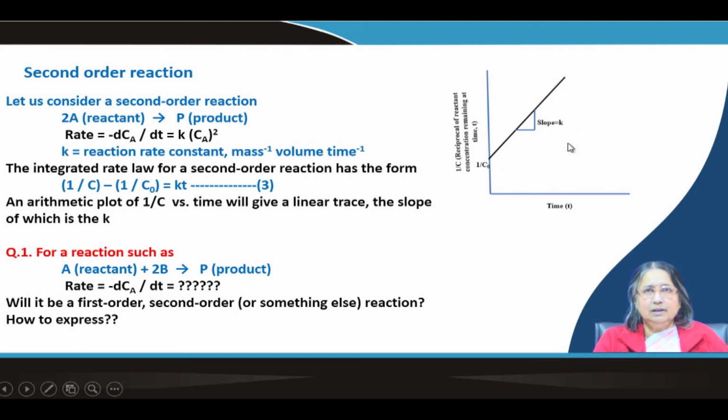In the first order case, you have seen we have to plot ln C or log C versus time to get a linear curve. In case of zero order, C versus T gives a linear curve. In case of second order reaction, you have to plot 1 by C versus T and you will get a straight line.